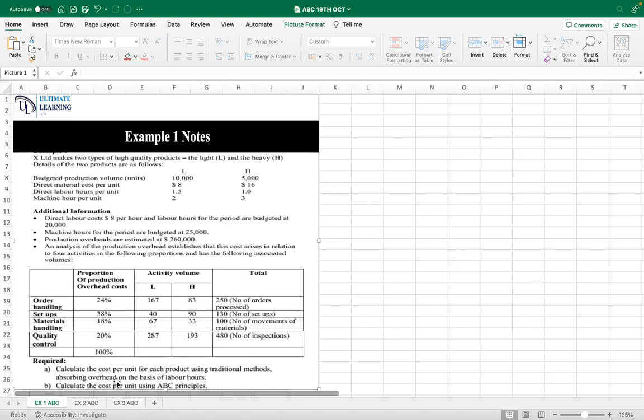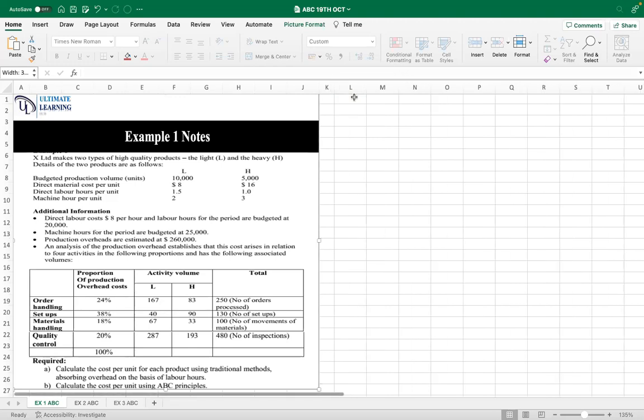Required: calculate the cost per unit for each product using the traditional method of absorbing overheads on the basis of labor hours. So don't use machine hours, only use labor hours in part A. In other words, calculate the cost per unit using absorption costing. Part B of the question: calculate the cost per unit using ABC principles. So we will start with what you have been told to use first.